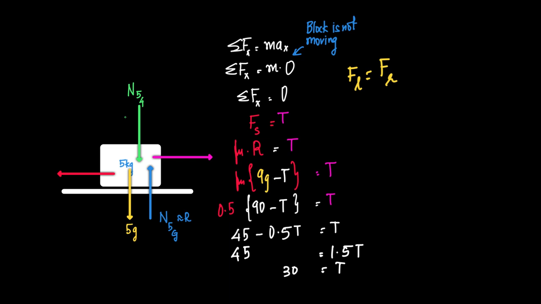Mu into R. Well, to be more precise, this is not static friction, this is actually the limiting friction, which is equal to mu s into R. What is R? We have earlier found it to be 9g minus T. 0.5 into 90 is 45, 0.5 into T is 0.5 T, 0.5 T plus T is 1.5 T, so 45 equals 1.5 T, giving T is 30. That's the numerical part of it.